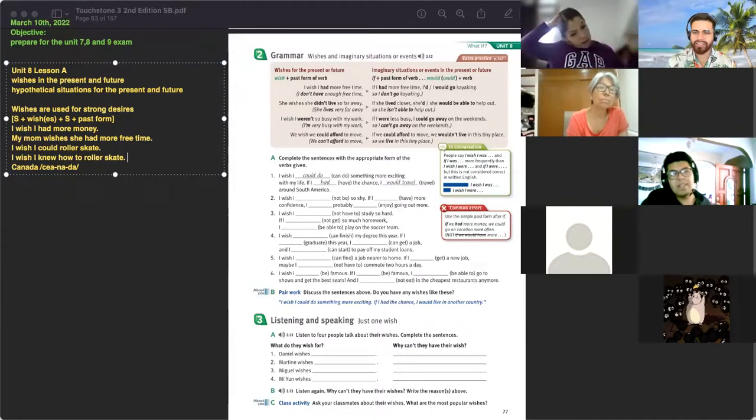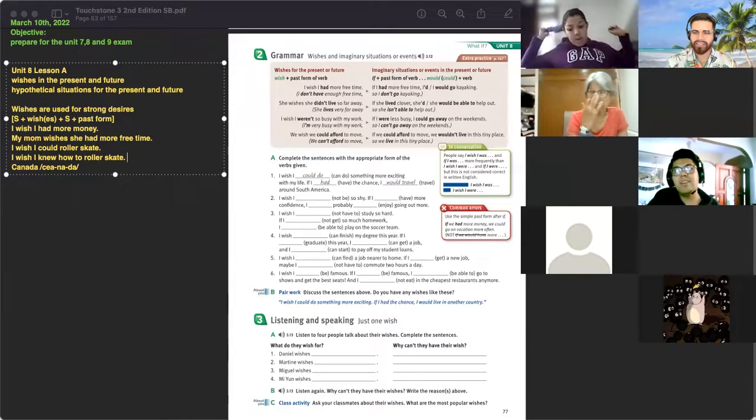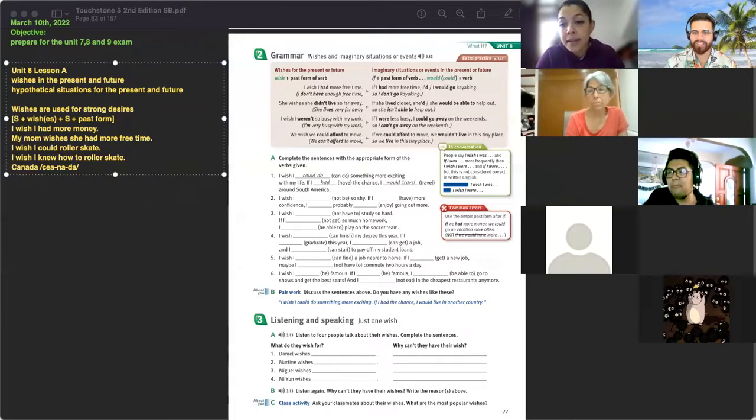I wish I learn to play violin. Yeah. I wish I learned to play violin. Nice. And Viviana? I wish I could travel to Switzerland. To where? Switzerland.